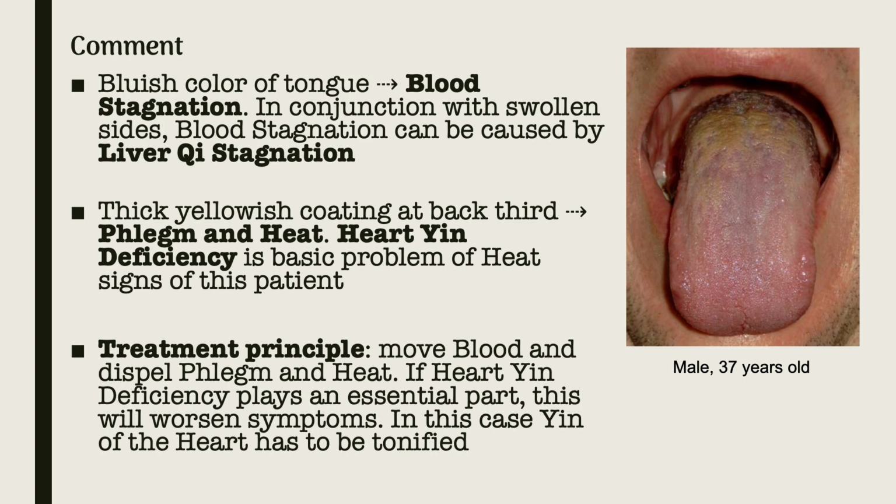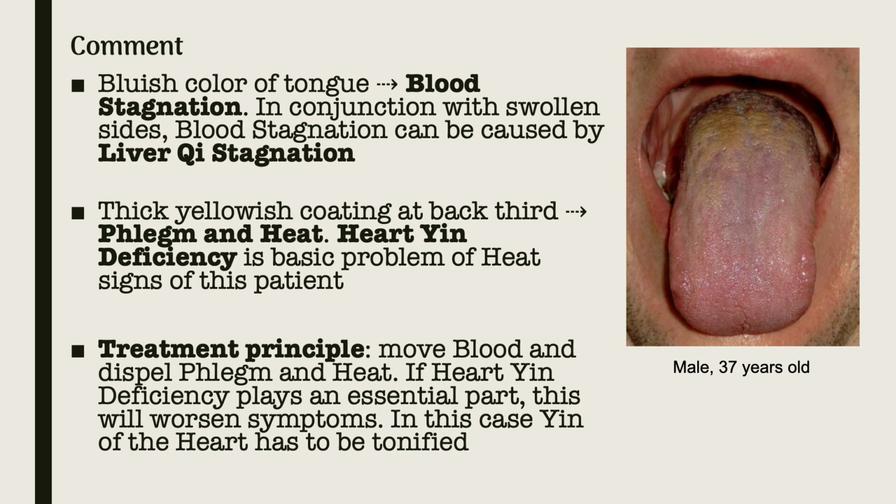Bluish color of the tongue means there is blood stagnation. In conjunction with the swollen sides, blood stagnation can be caused by liver qi stagnation. The thick yellowish coating at the posterior third means there is phlegm and heat.